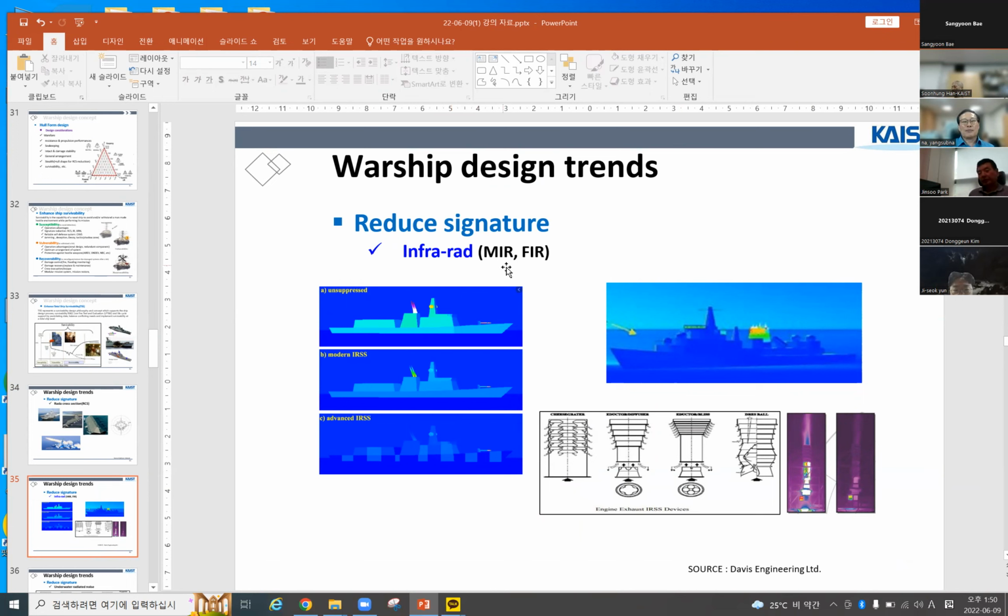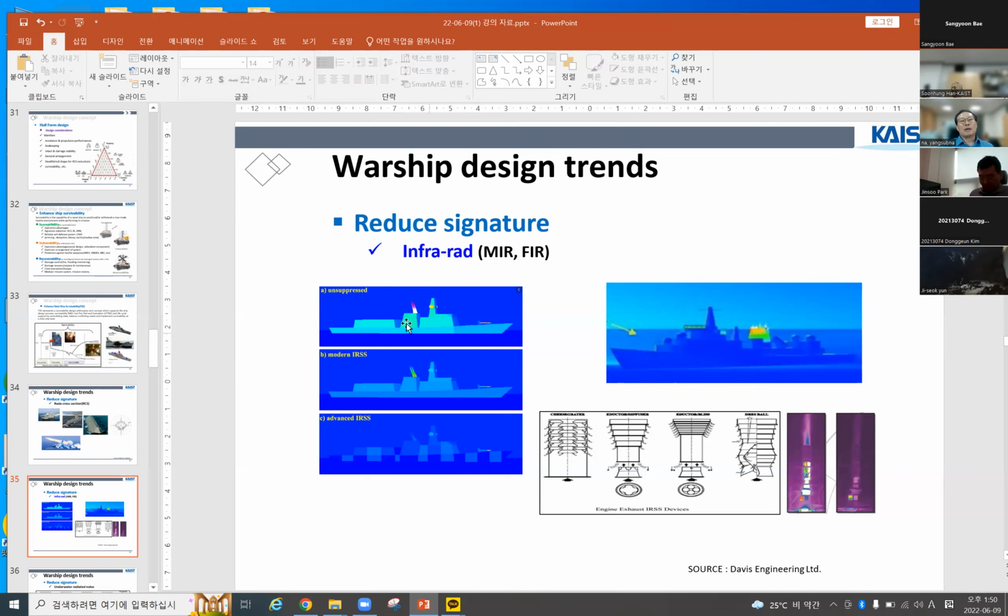So to reduce the MIR signature, normally in the stack, they cool down the plumes. This is called an infrared suppression system in the stack. And to reduce the FIR, we cool the surface of the ship structure and decrease the far infrared.